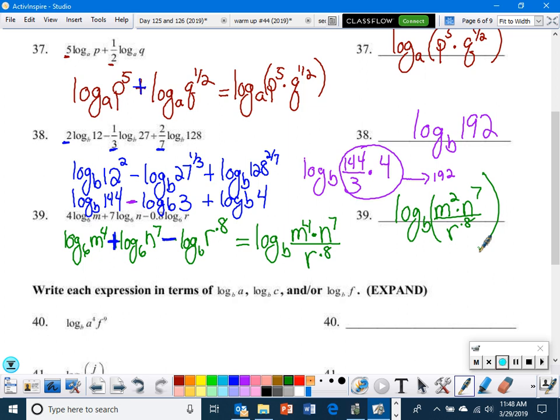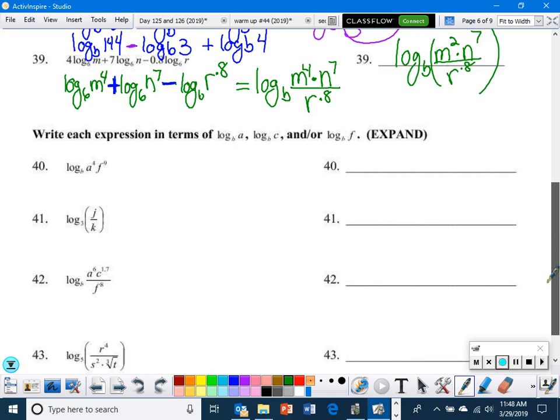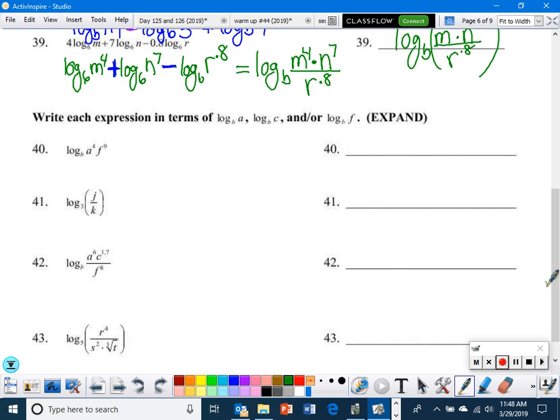In the next part, we're going to expand. So we're going to go in the other direction. The first thing on this one, I noticed that it is a product property.